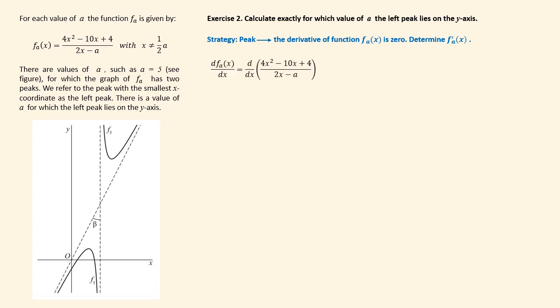So the derivative can be written in different ways. This is one way, and f prime of a of x is the other one, right here. And now we know that the derivative of fa of x is found by taking the derivative of the numerator times the denominator minus the numerator times the derivative of the denominator, divided by the denominator squared.